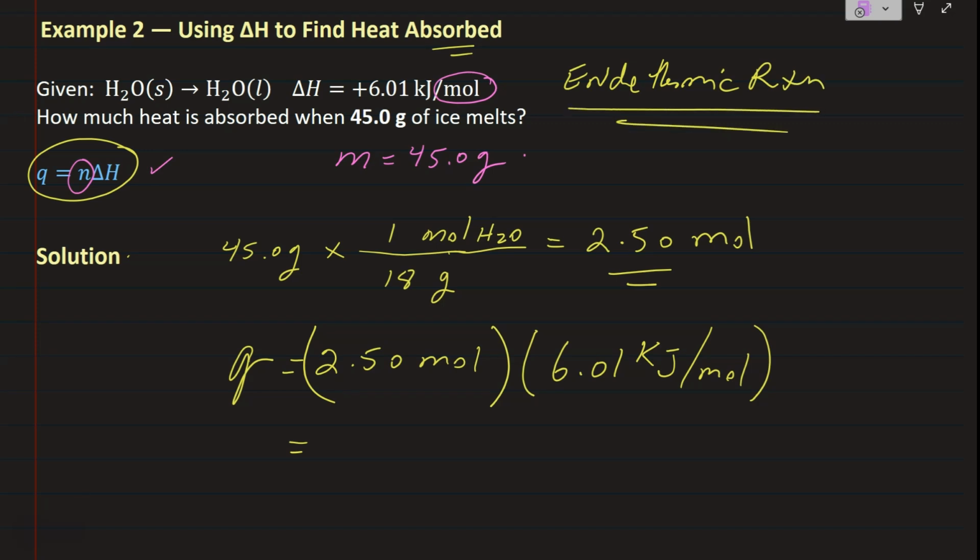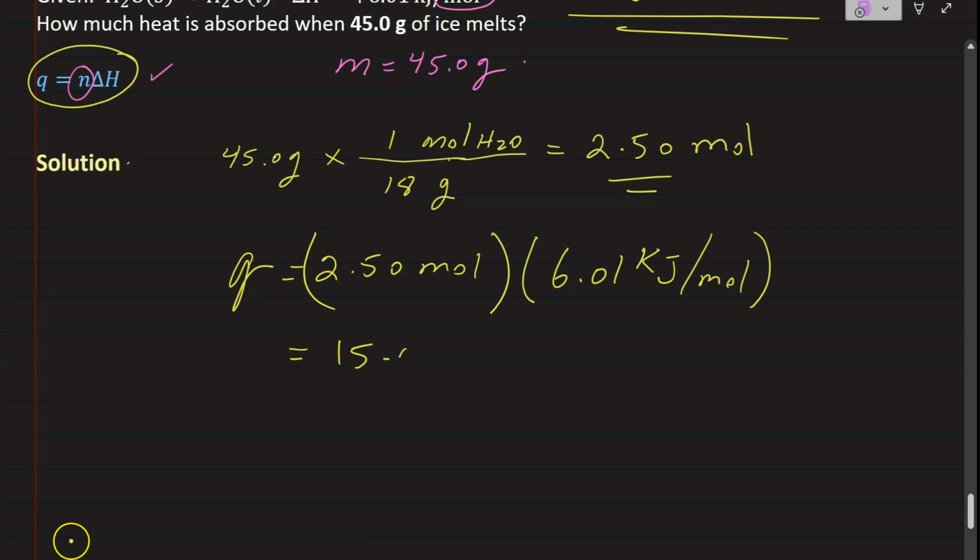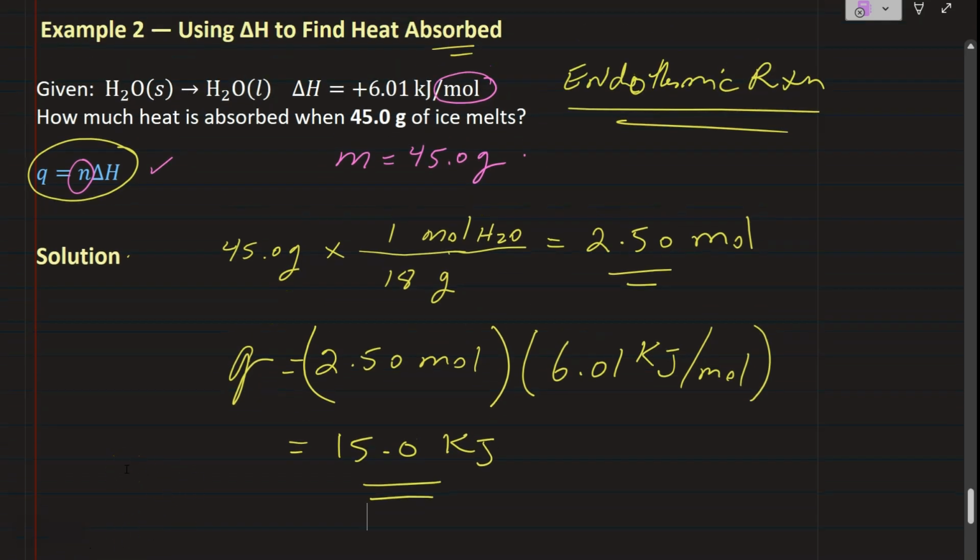There's no question on that one, but now you know. This is endothermic. Here we go. All right, do the math in here. That would be 15.0 kilojoules. That's the amount of heat that is absorbed when 45 grams of ice melts.